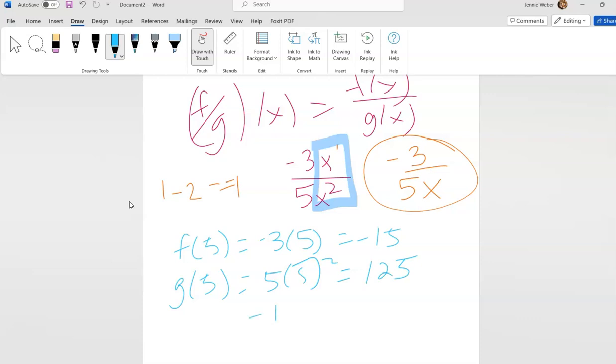So this would be negative 15 over 125, and then I would reduce: negative 3 over 25, since 125 divided by 5 is 25. So this would be my answer. You can see if I come up here and put in 5 right there, I would get right to there.